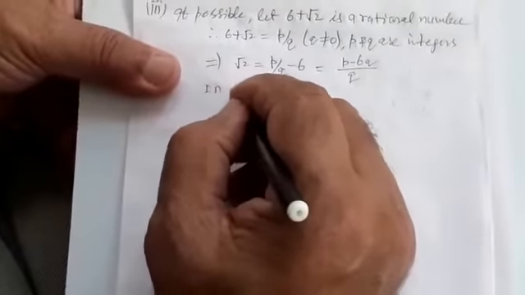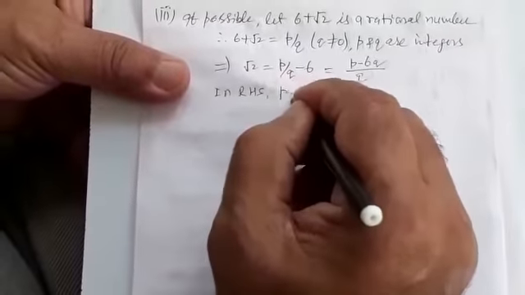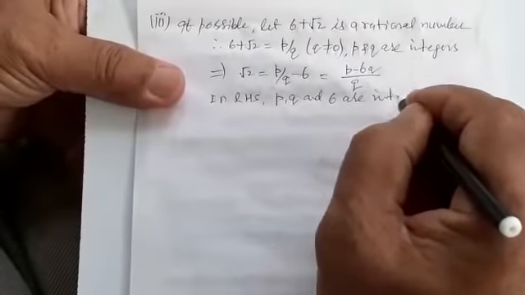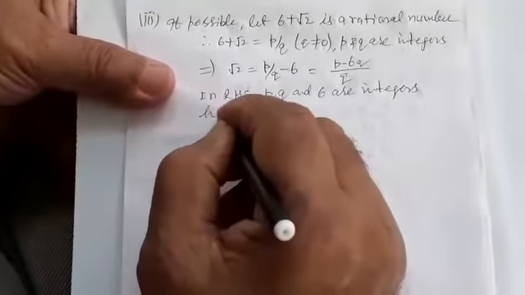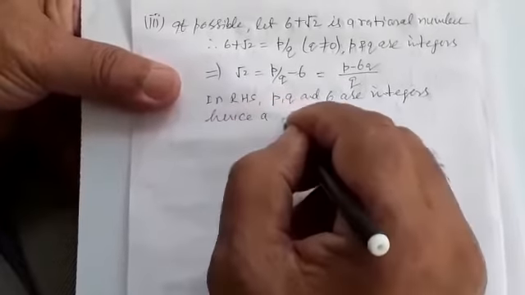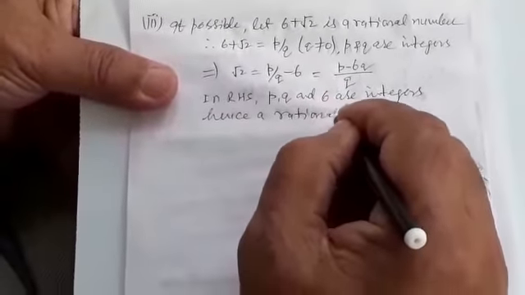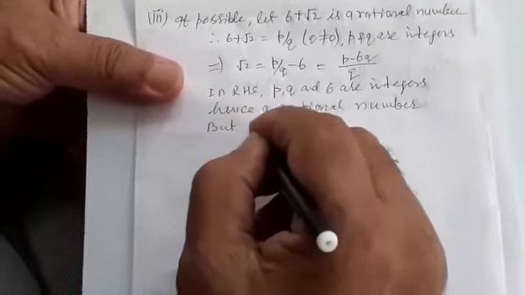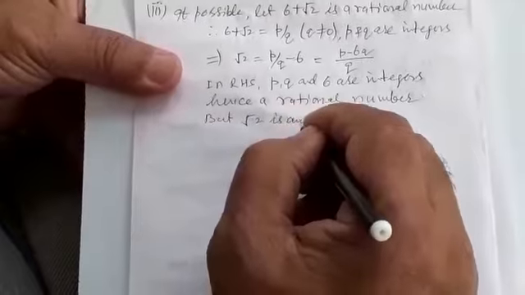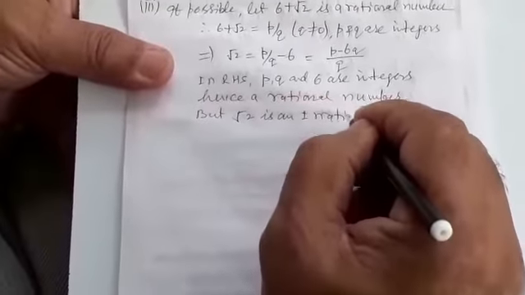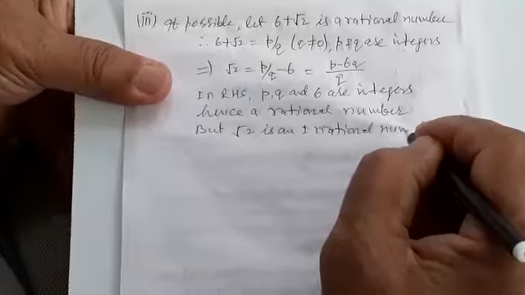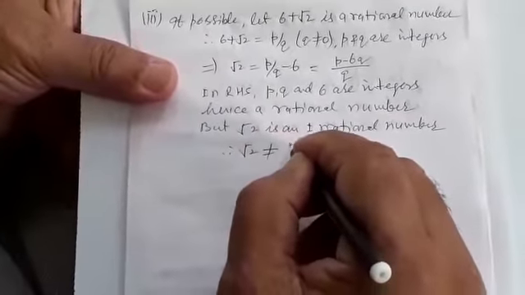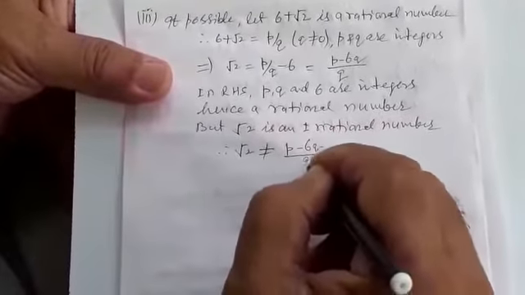In RHS, p, q and 6 are integers, hence a rational number. But root 2 is an irrational number. Therefore, root 2 can never be equal to p minus 6q by q.